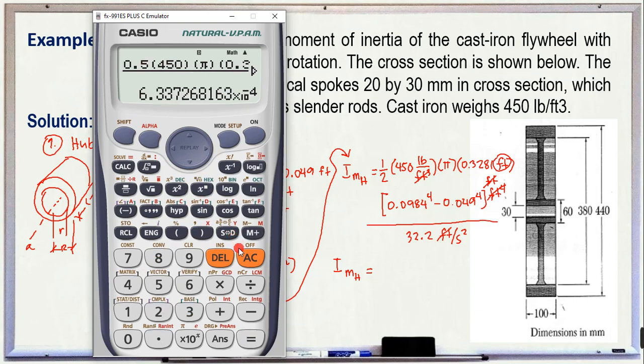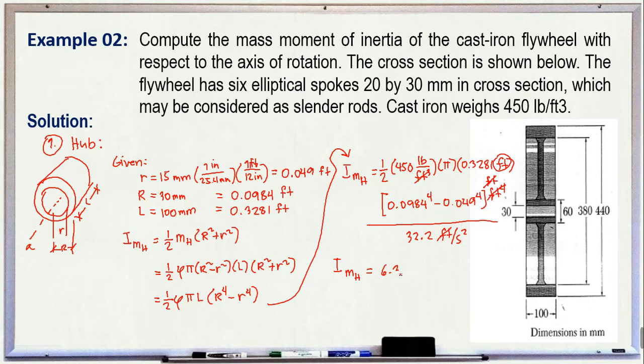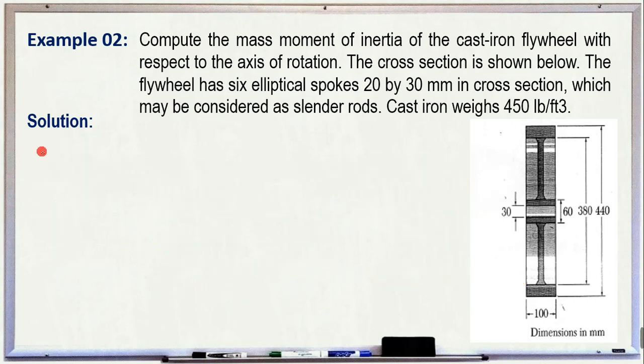So we have 6.337 times 10 to the power of negative 4 pound-foot second square. So we're going to take note with this one. Meron na tayong hub.